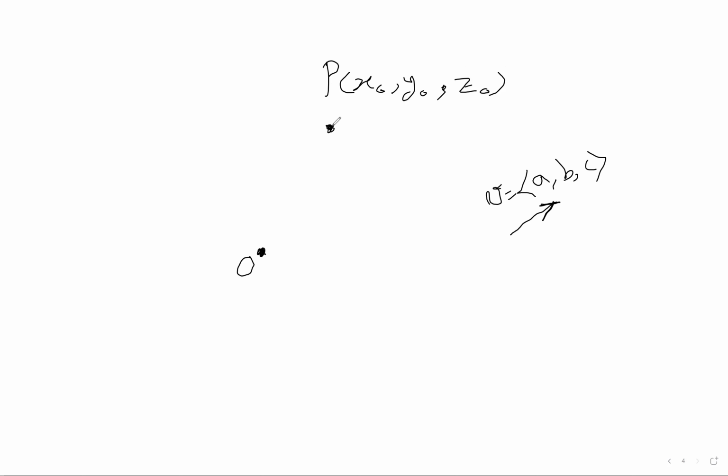Then for the line that passes through P and is parallel to that vector v, if I look at every point as a vector, the point P is going to be the vector x0, y0, z0.